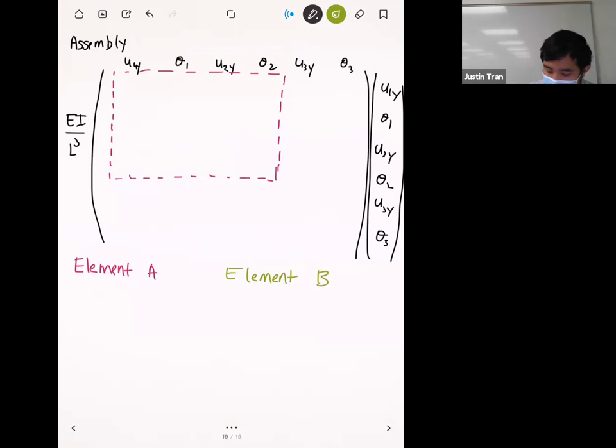Element B is going to take up nodes 2 and 3, and so it's going to be these spaces right here. And so we only have some overlap right in the middle.